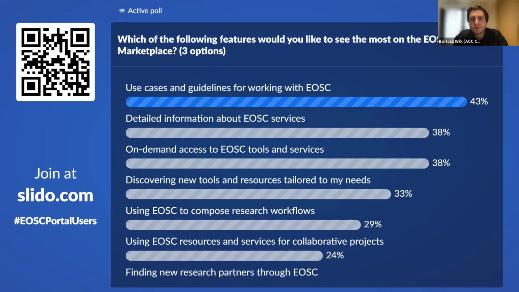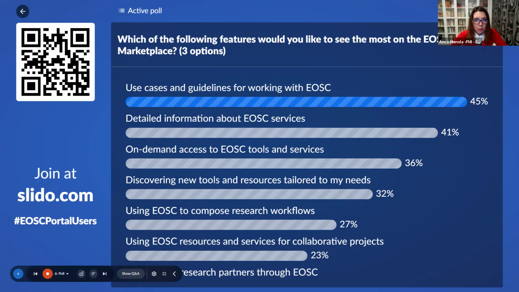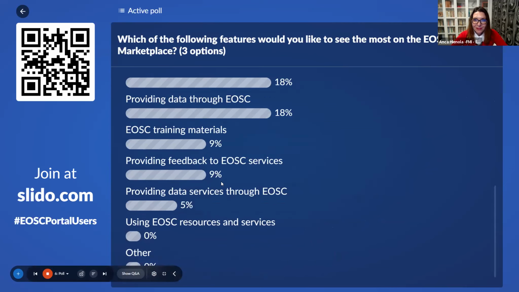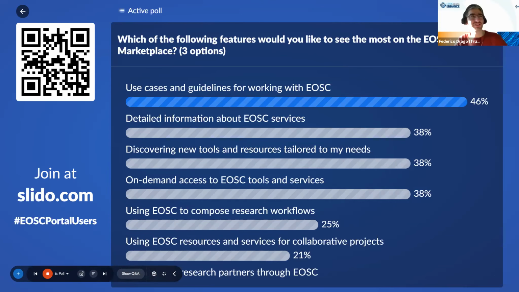I'm really curious what are EOSC services in this scope? The services that are offered with the marketplace or tools like the marketplace? Well, here we're talking about what you would like to see the most on the marketplace. Okay. So I would say within the marketplace. And maybe more to come. Okay, well, so use cases and guidelines is quite popular.